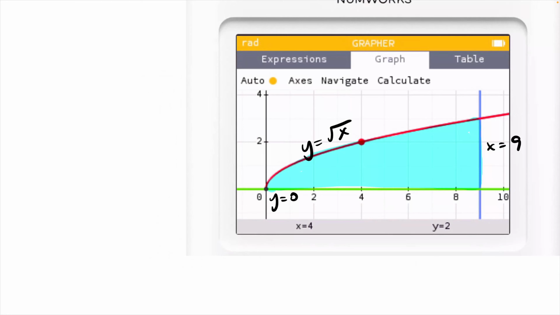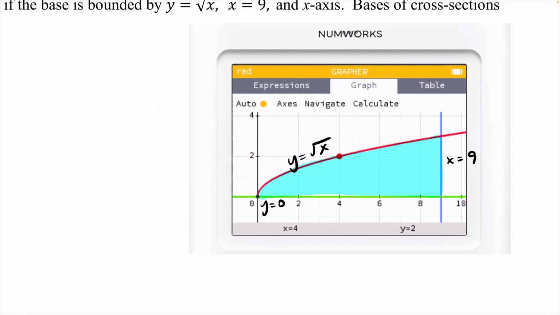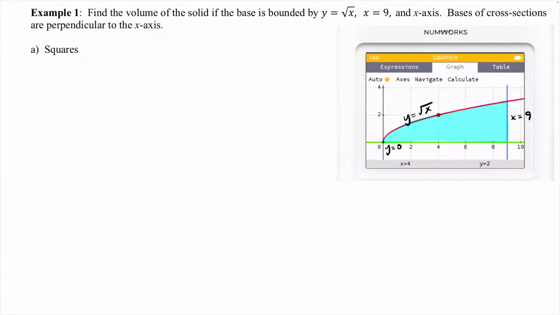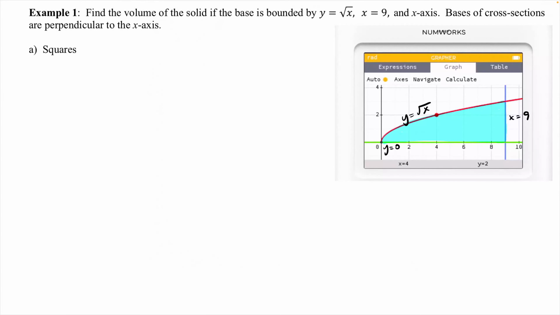All right. Cross sections. So since it doesn't revolve, how is the thing built? It lays on top. For this one, it's going to be squares.